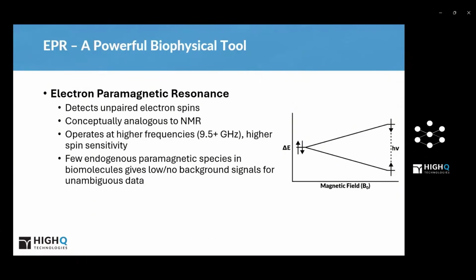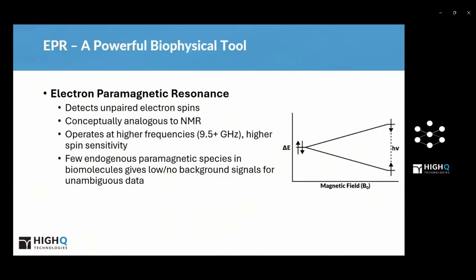That's effectively how NMR works, and that's effectively how EPR works too, just on different particles. EPR typically operates at a much higher frequency regime than NMR. The most common EPR frequency bands are about 9.5 gigahertz and 32 gigahertz, whereas NMR typically operates in the megahertz range.